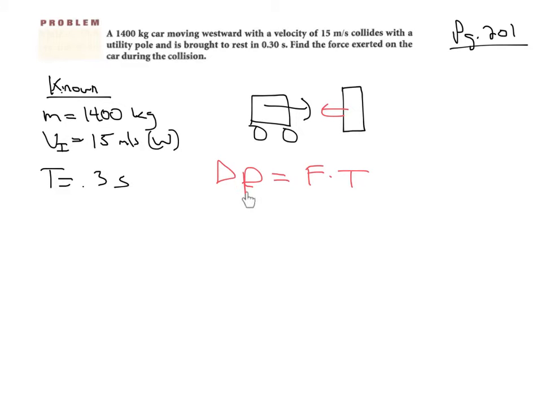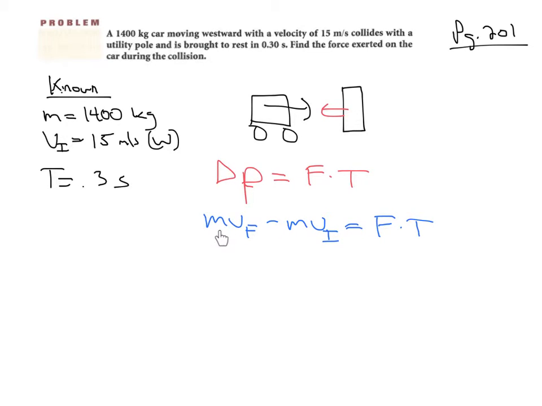Well, how do we write this change in momentum? Change in momentum, we could say, is m v final minus m times v initial, mass times velocity initial. So the final velocity minus the initial velocity, that's the change in momentum, and that equals the force times time.